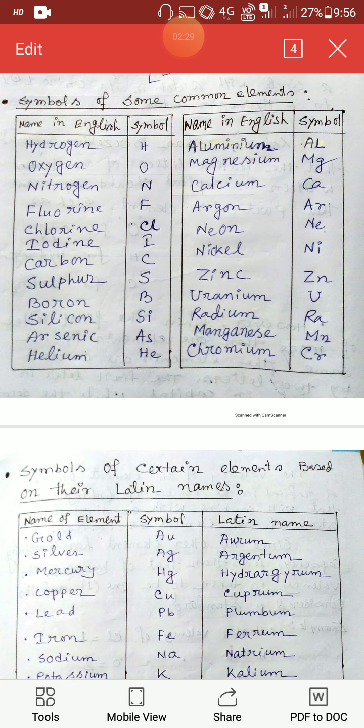Hydrogen symbol is H, oxygen symbol is O, nitrogen N, fluorine F, chlorine Cl, iodine I, carbon C, sulfur S, boron B, silicon Si, arsenic As, helium He, aluminium Al, magnesium Mg, calcium Ca, argon Ar, neon Ne, nickel Ni, zinc Zn, uranium U, radium Ra, manganese Mn, chromium Cr.